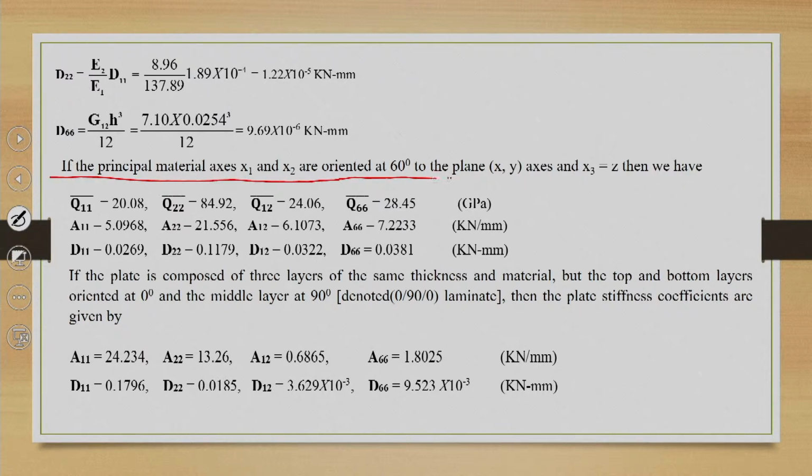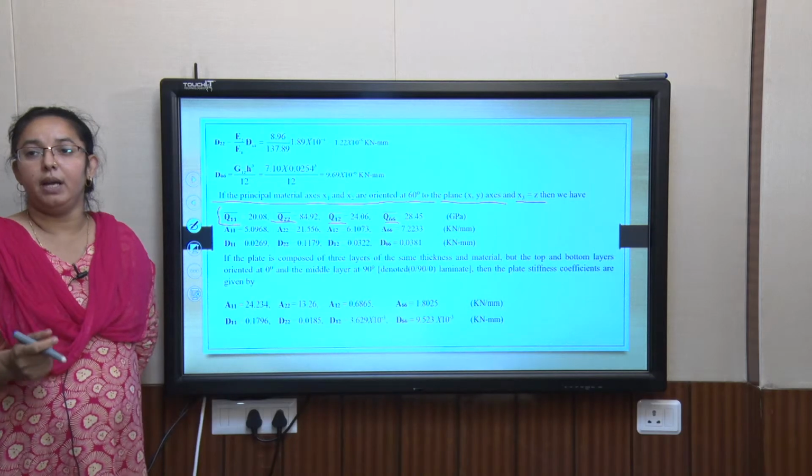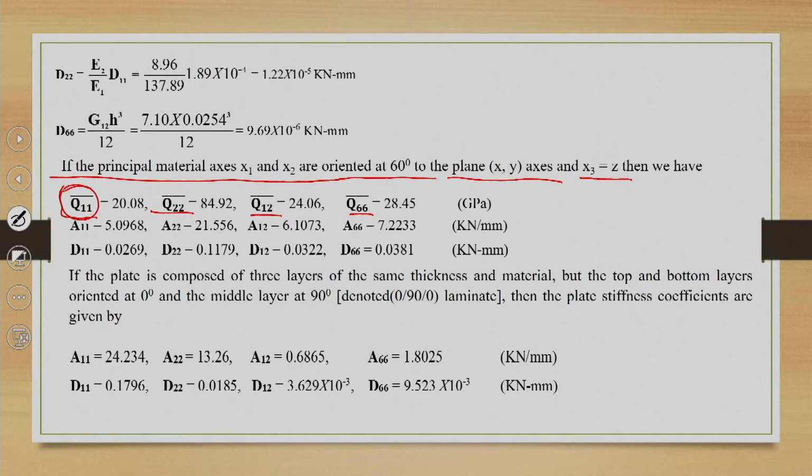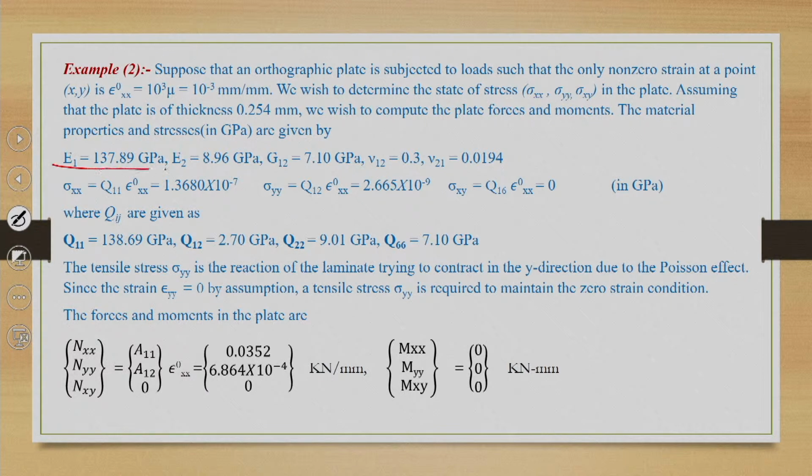Now, the question that the material axes are oriented at 60 degree and x3 equal to z. Then you have to evaluate the transformed Q bar, which will involve cos 4 and so on. Then based on this effective transformed reduced stiffness, A11, A12 can be evaluated. I have already told you that if your E1, E2, E3 are all given, and at some point epsilon xx naught is given.